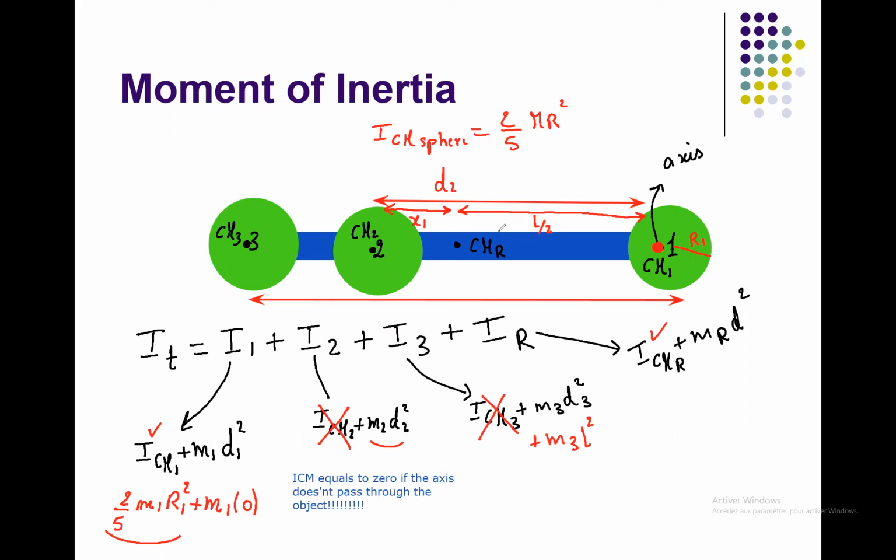About the rod, I_CM of the rod equals 1 over 12 M L square, where M is the mass of the rod and L is its length, plus M of the rod times the distance D between the center of mass of the rod and the axis, which equals L over 2. So here we have L over 2.